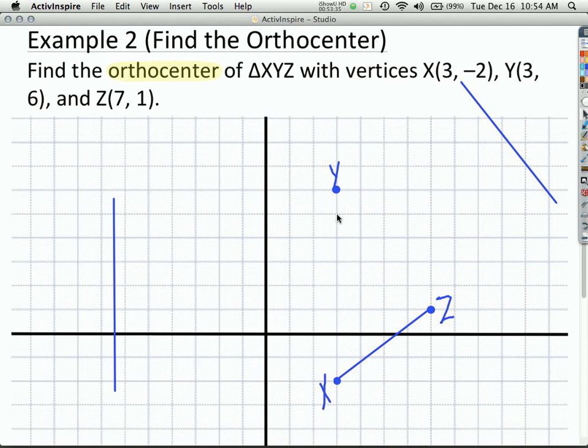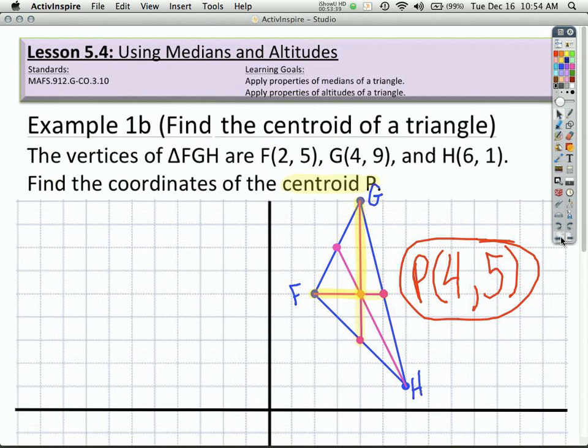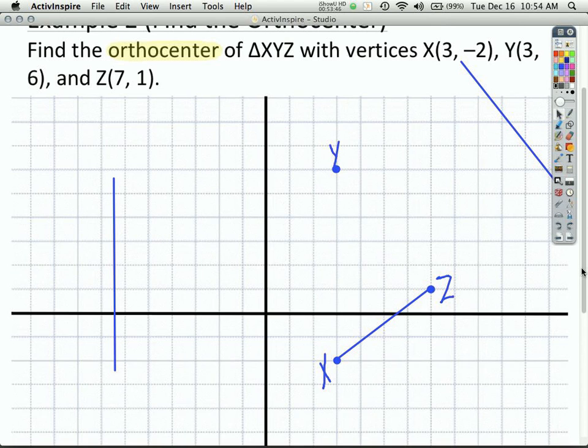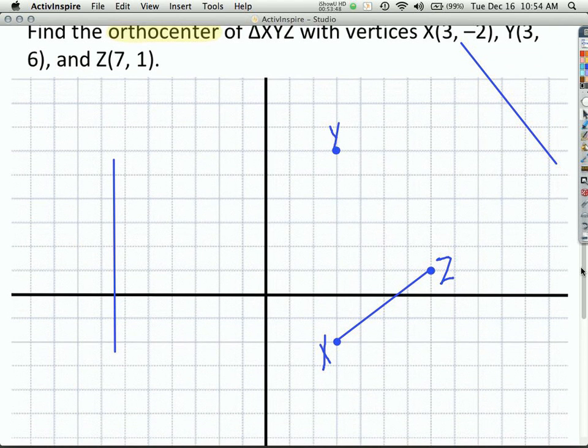So this is not something that we can do simply by finding the midpoint and then drawing a line. We have to use some slightly more complex math. We need the slope of this line, and then we need the perpendicular slope.